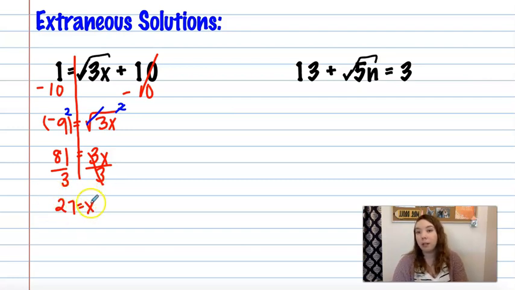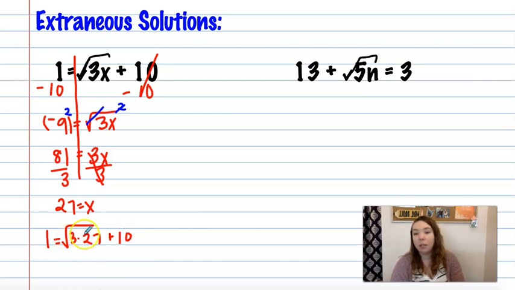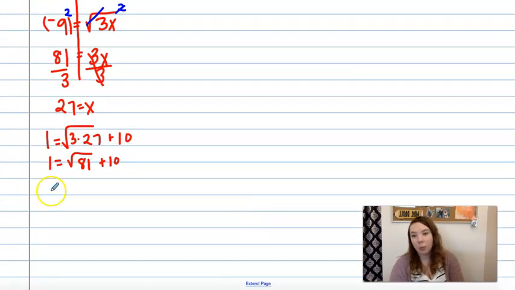So this might be our solution, but we have to check. So I'm going to plug it back in. And here, 3 times 27 is 81. And then the square root of 81 is 9. 9 plus 10 is 19 though.